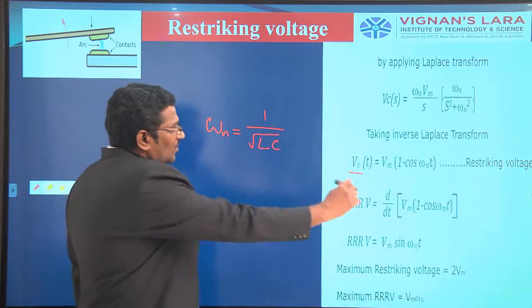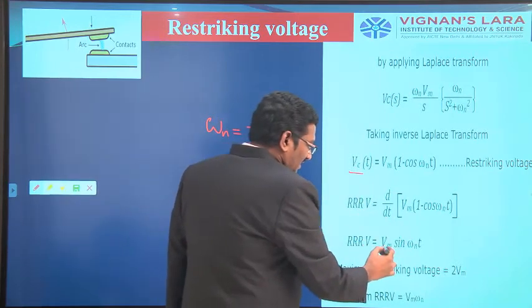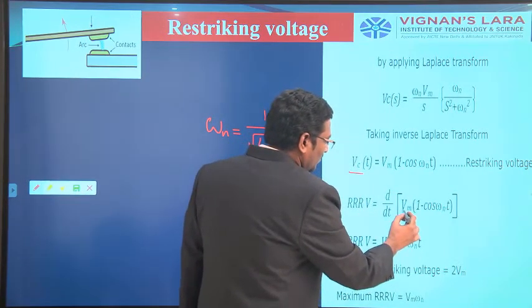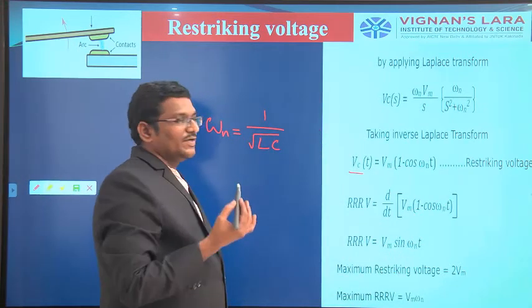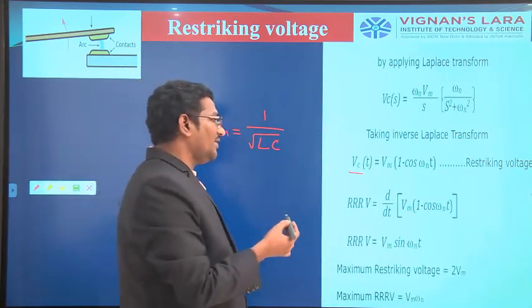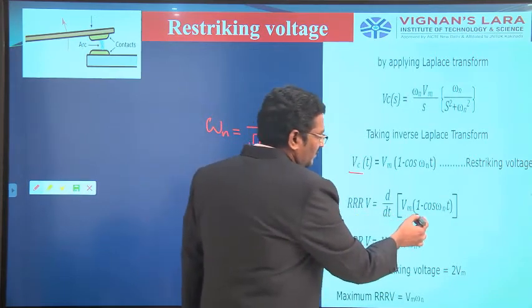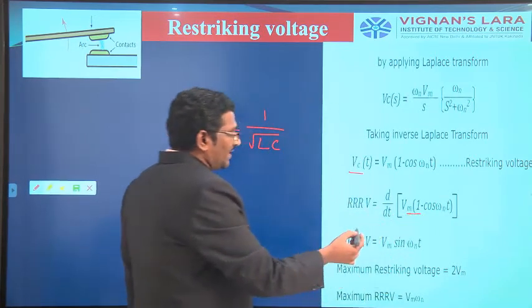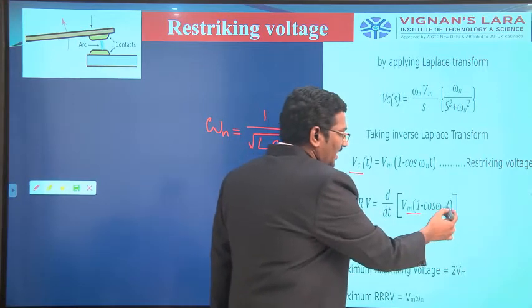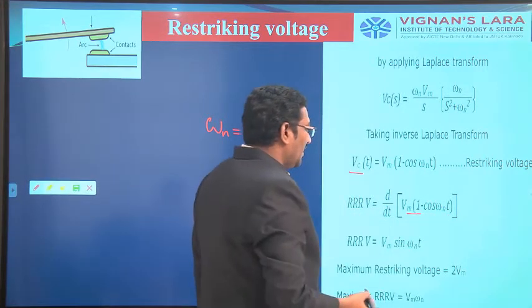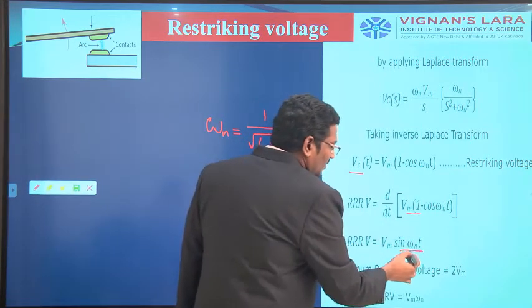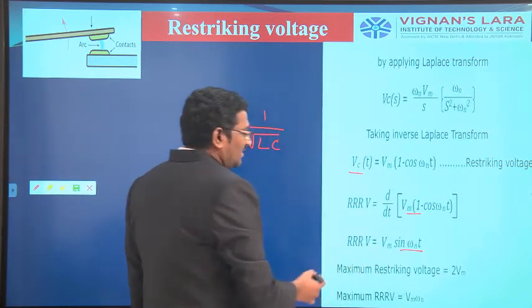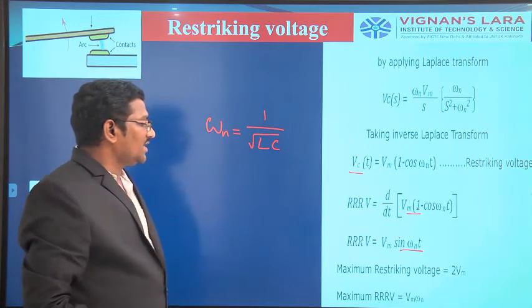Here V maximum at current zero is a fixed value, and the derivative of a constant is 0, so we get 0 here. The next one is V maximum cos omega nt, whose derivative gives the sin omega nt. So we get the rate of rise of restriking voltage.